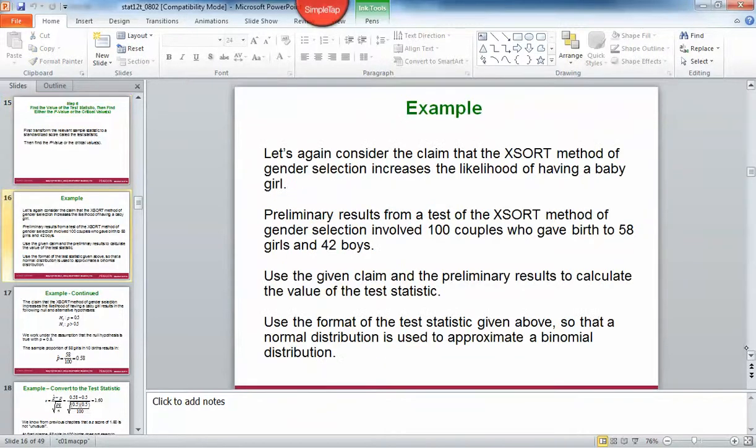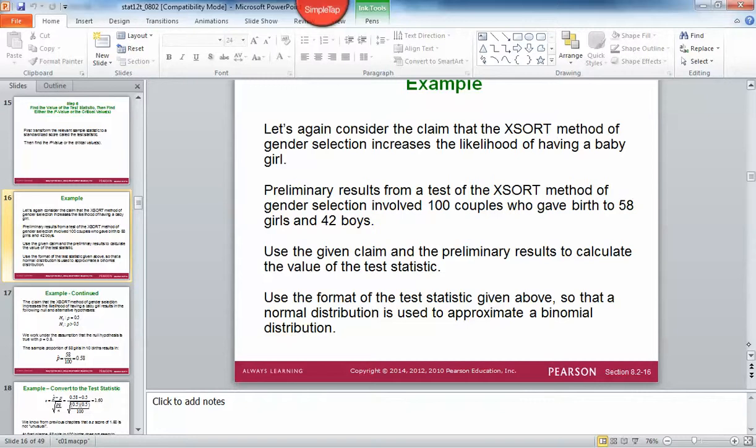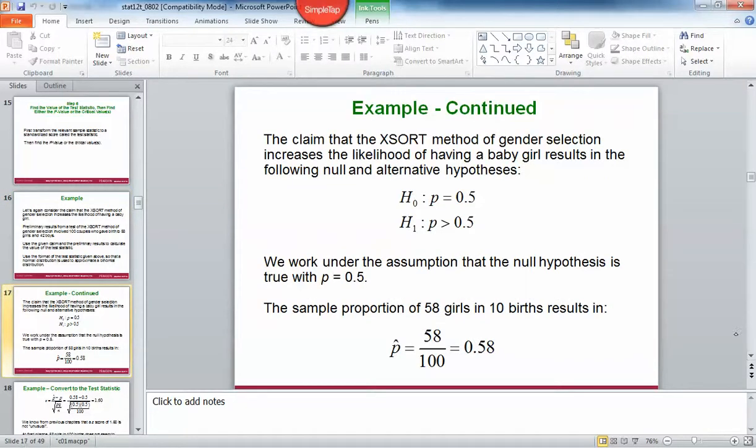Okay, so let's go back to these slides real quick. All right, and in these slides right here, it was talking about the same study that we looked at before, and they actually figured out the p-hat that you would need to find a test statistic for the proportion.